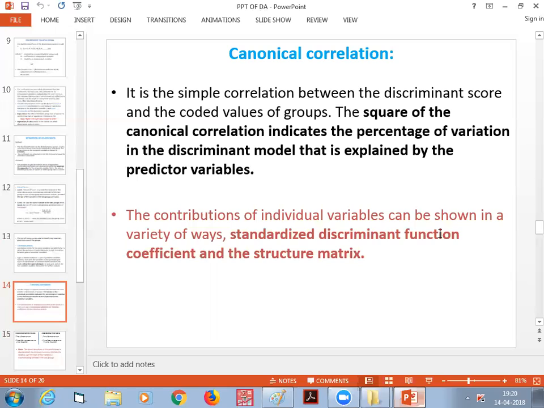What will it help with? It will help you identify what percentage of variation in the dependent variable is explained by these independent variables. That is the square of the canonical correlation, similar to the R squared value of the multiple regression.